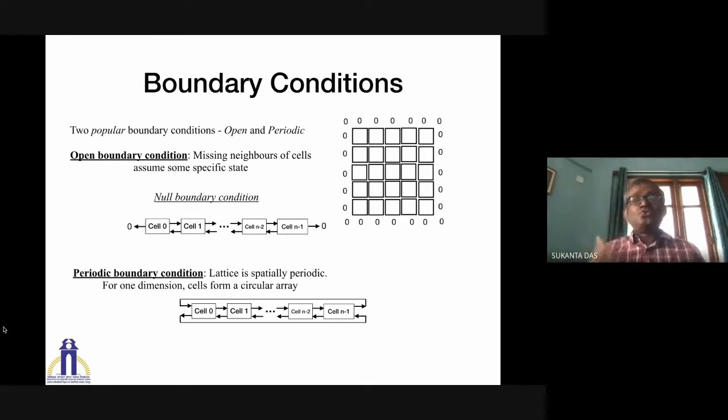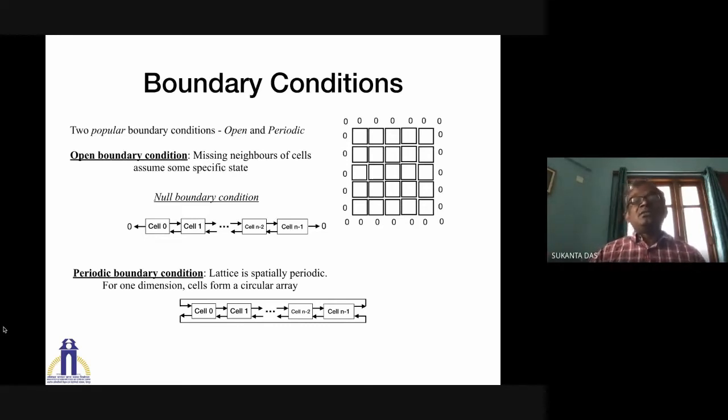So these are the two boundary conditions, and within open boundary condition, there are several others: fixed boundary condition, variable boundary condition, right? Fixed means, as I've said, the missing neighbors are in some fixed state.